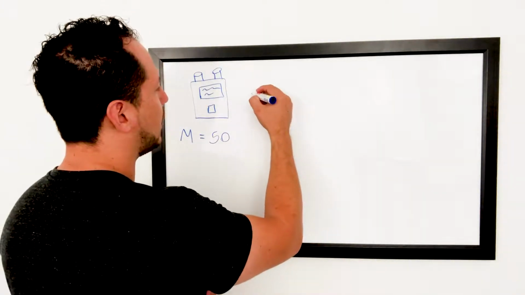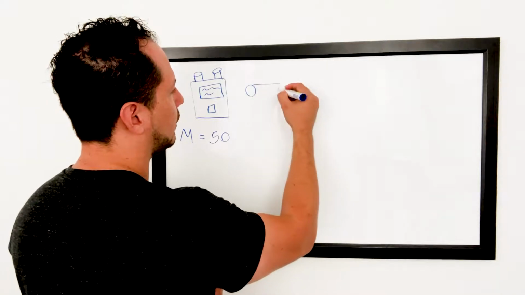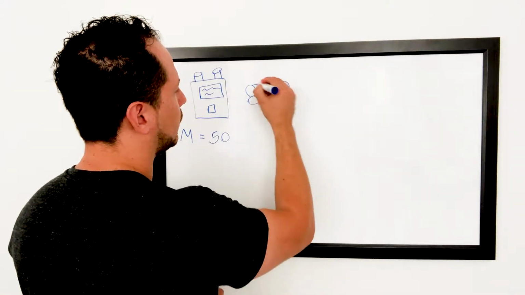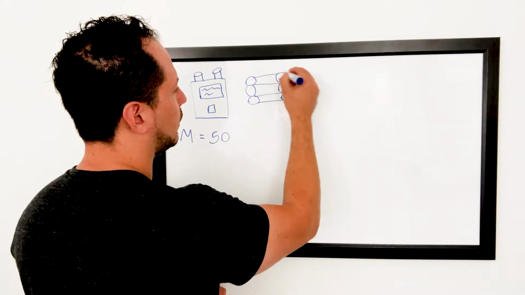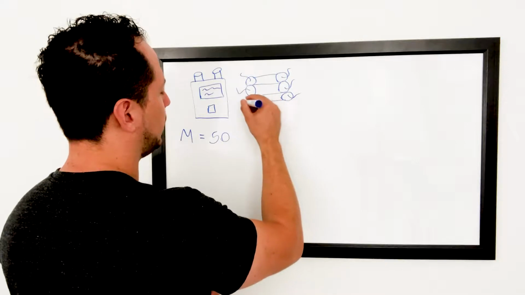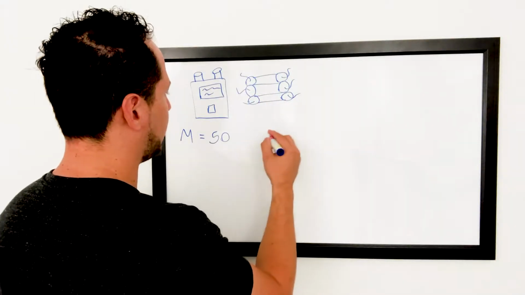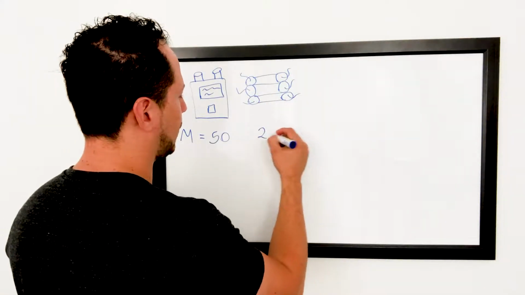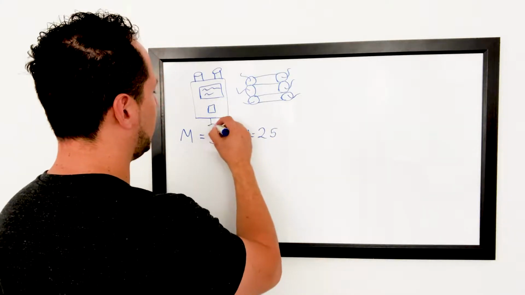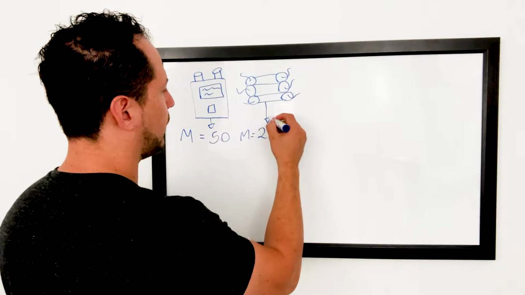Then we're going to have also a dynamite. It's going to look something like this. The magnitude on this one is going to be a little bit less. Let's say it's going to be 50% of that, so M here is going to be 25.